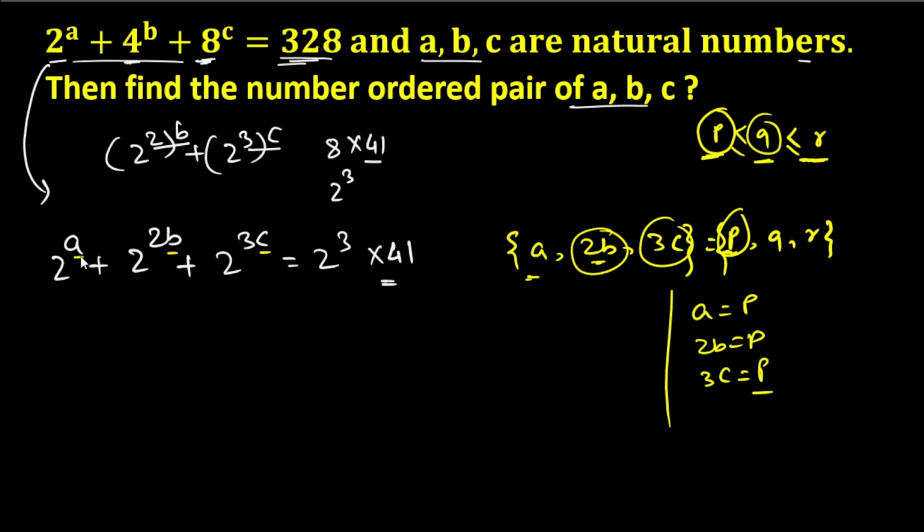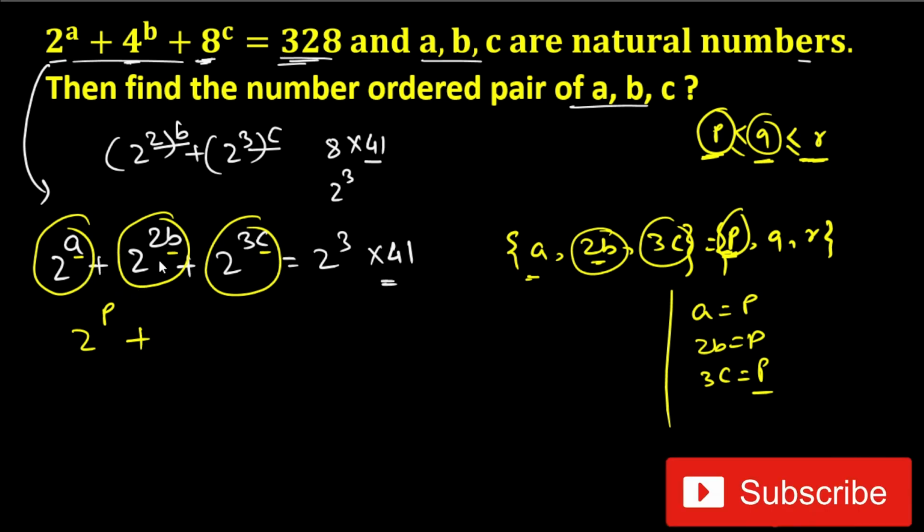So the smallest of 2^a, 2^(2b) and 2^(3c) will be 2^p. So we can write 2^p plus the middle one, 2^q, plus the largest one, 2^r, equal to 2^3 multiplied by 41.